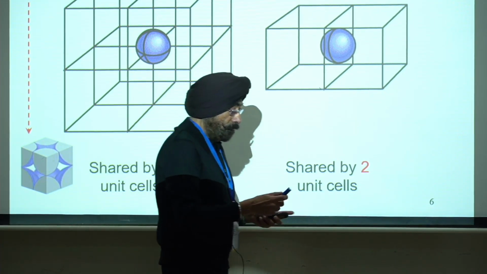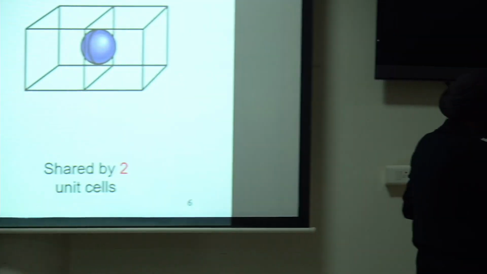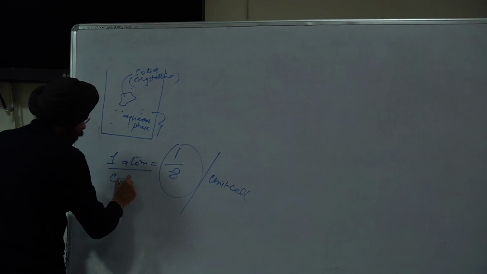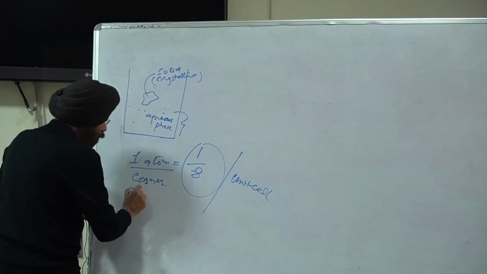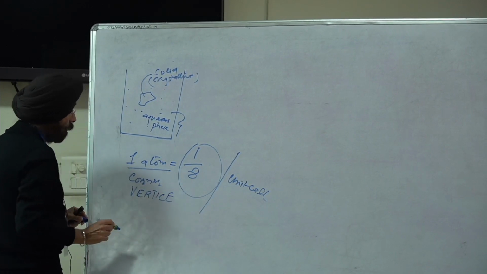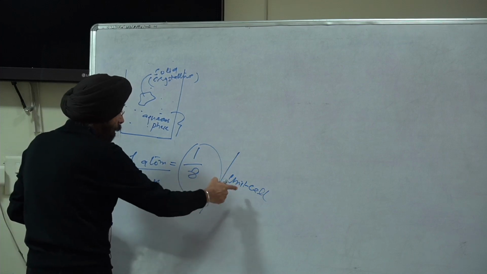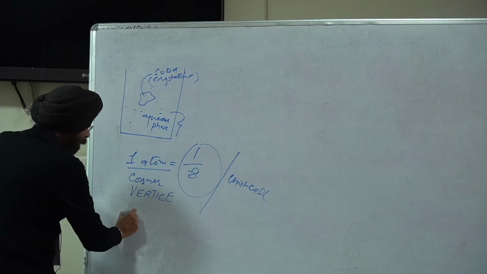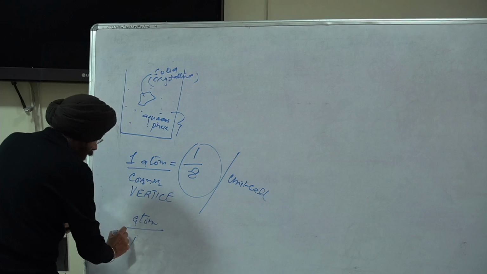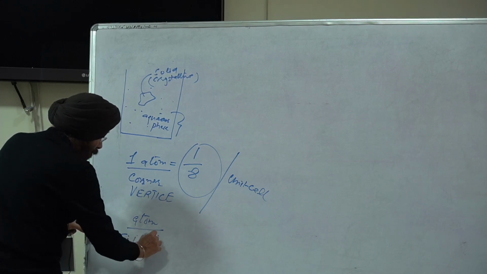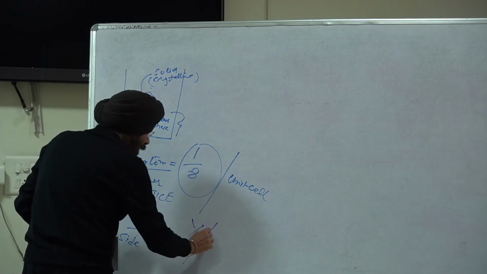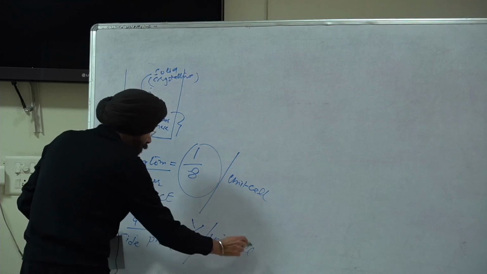So when the atom is placed at the corner, which is also known as the vertex, then 1/8 part of the atom is in the unit cell, and when the atom is on the side face, then half of the area is in the unit cell.